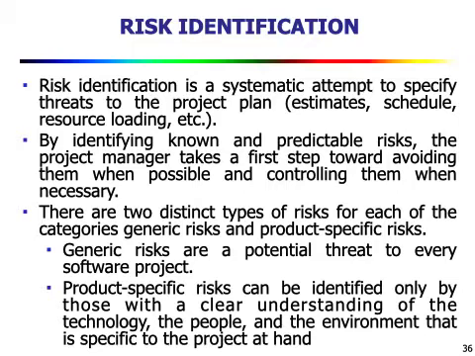Generic risks are a potential threat to every kind of software project, and product specific risks can be identified only by those with a clear understanding of the technology, the people, and the environment that is specific to the project at hand. So it will be specific to the product or the project. Those are the two categories of risk that are possible.